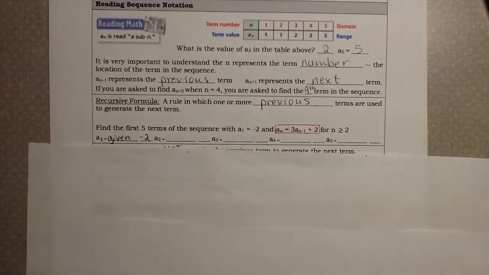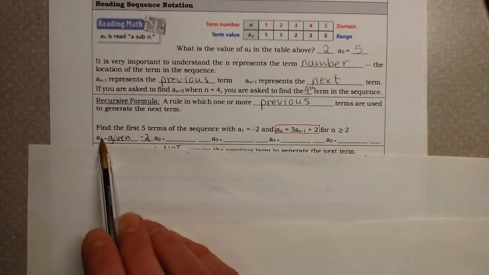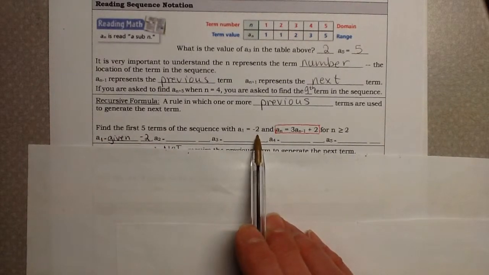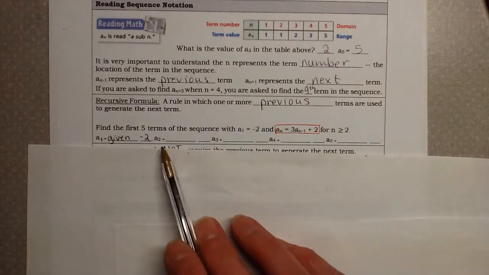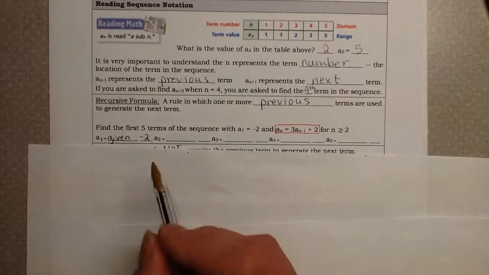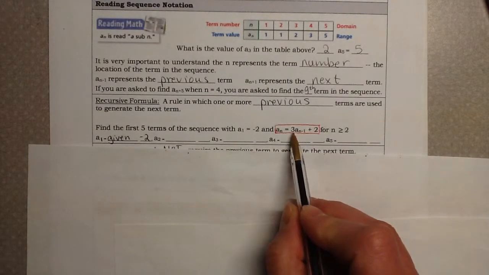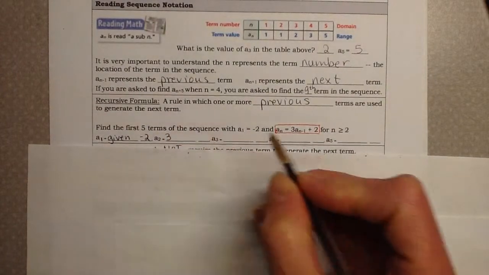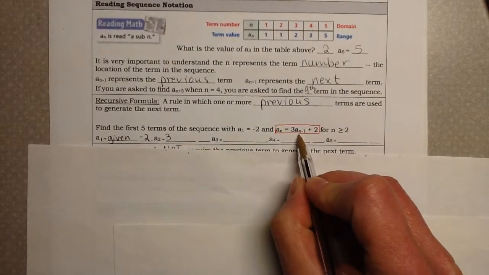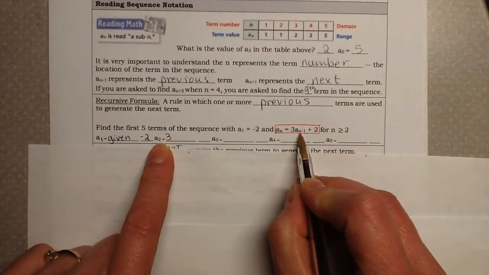So the first term, a sub 1, is given, and it's negative 2. We want to generate the second, third, fourth, and fifth. So if we want to generate the second one, when I go to this rule, I'm going to write down 3, and then a sub n minus 1. Well, n is 2 for this one, so we do 2 minus 1.